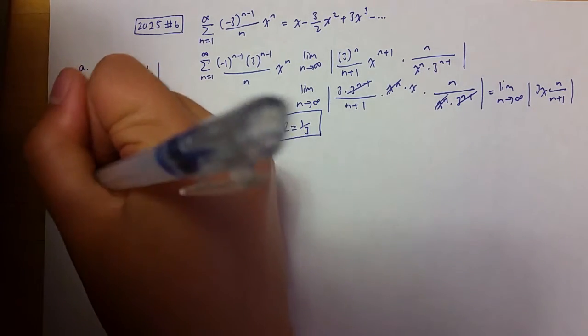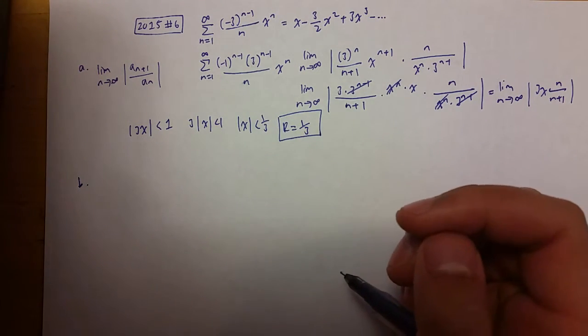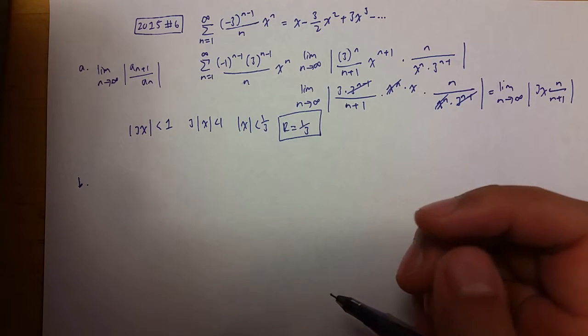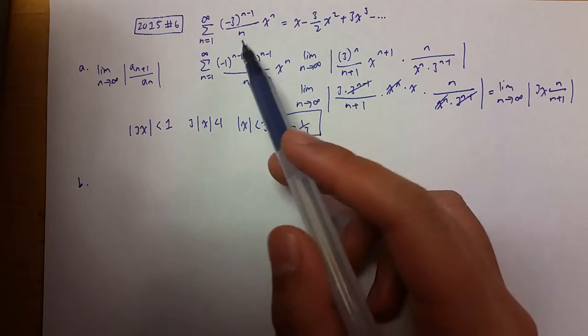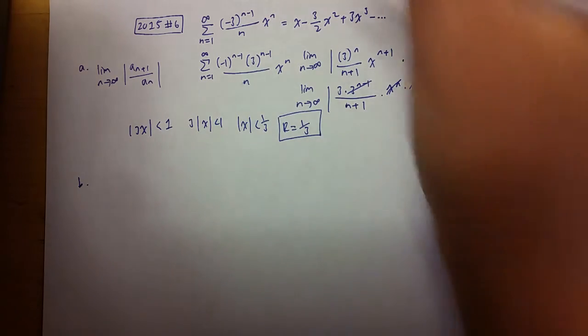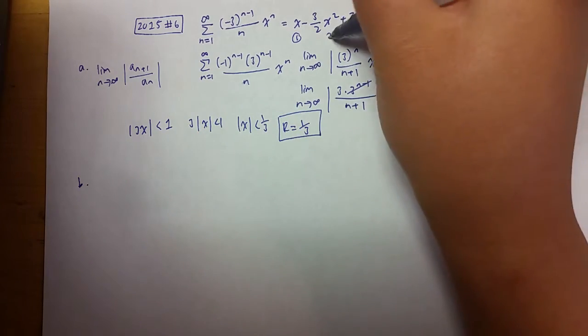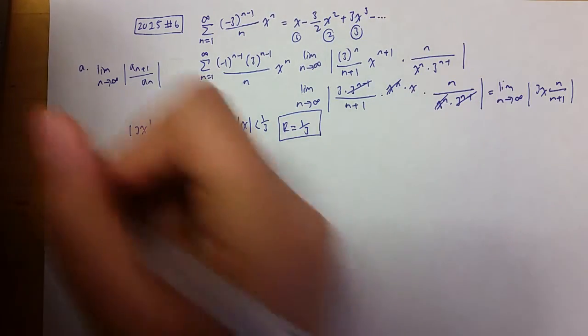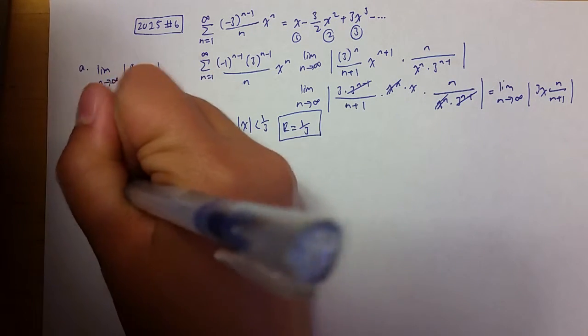Nice. Part B asks for the first 4 non-zero terms of the Maclaurin series for f prime, the derivative of f of x. Well, we already have 3 terms of the polynomial that represents f, but we need 4 terms. So this is the first term where n equals 1 because it starts at 1. This is the second, third, and let's see if we can find the 4th term for f of x.